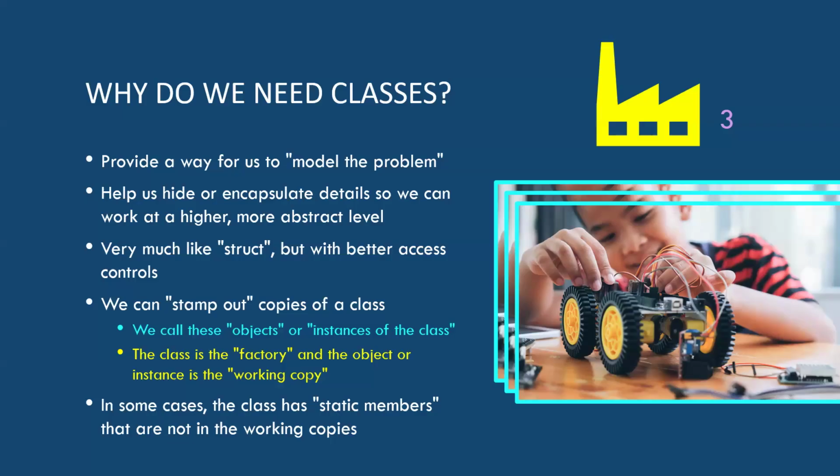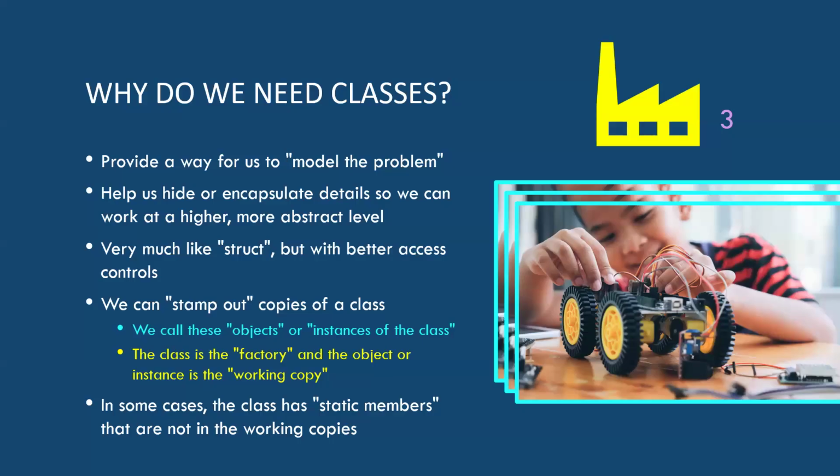Every modern language has this concept of static and non-static class data members. Static is just a fancy way of saying it's in the factory, not in the car, okay? So it's a blue car with 4 wheels and lots of gas mileage, but that's different than how many cars we actually produce, okay? And a lot of cool things can be stored in the factory. You can have functions or methods that are in the factory, not in the car.